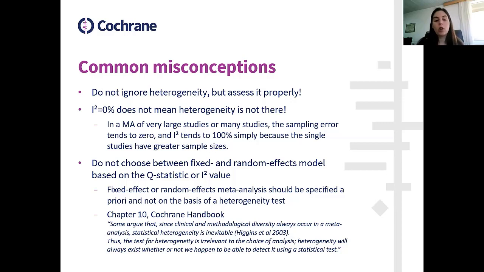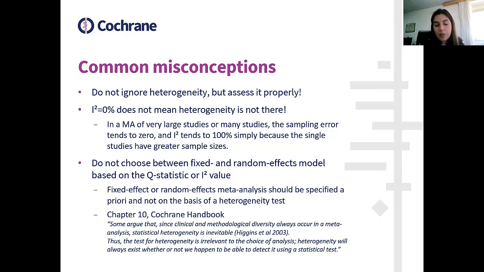What has also been commonly used in reviews is choosing between the fixed and the random effects model based on the Q statistic or the I-square value. We commonly encounter situations where people say that if I-squared was over 50%, we will do a random effects meta-analysis. Well, the fixed or random effects meta-analysis should be specified a priori in the protocol, for example, and not on the basis of a heterogeneity test.